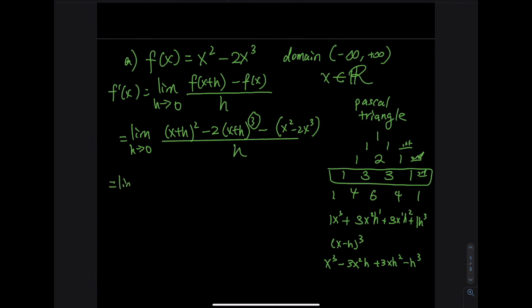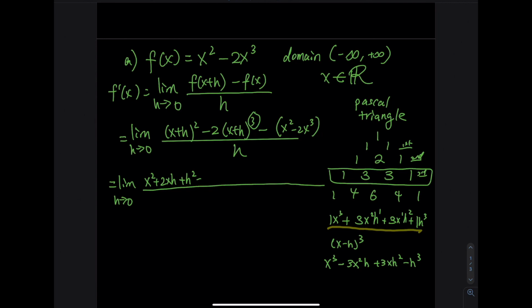So we have the limit as h goes to 0. We have a long fraction bar. And then the first one is x squared, right? x squared plus 2xh plus h squared, and then minus this one, you have a minus 2 times this right here. So I don't want to write an extra line.